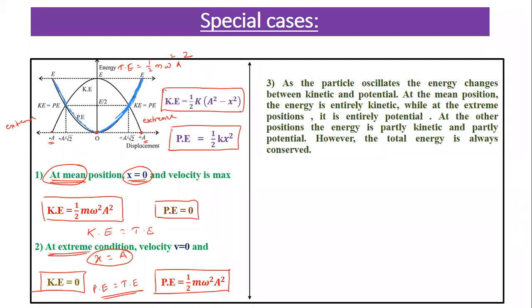At mean position, potential energy is 0, so the potential energy touches 0 here. And at extreme, the potential energy is maximum. You can see here this is extreme; at these two dots it is equal to E, the total energy.